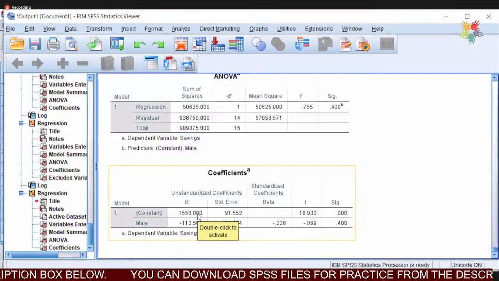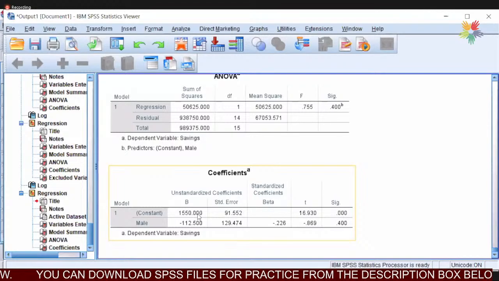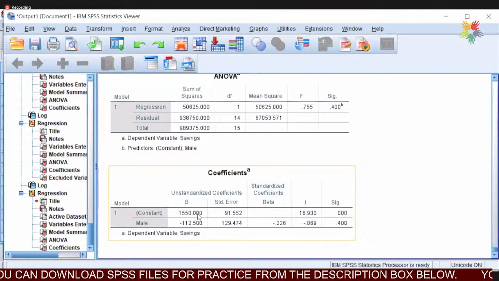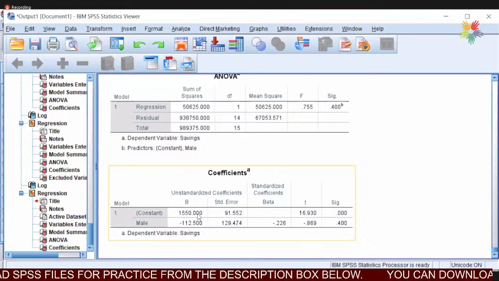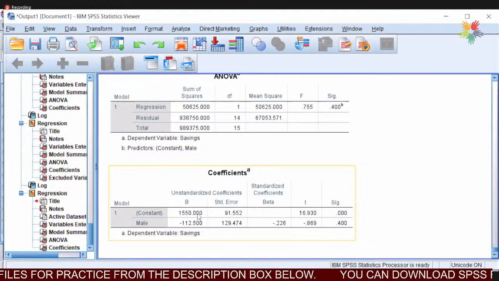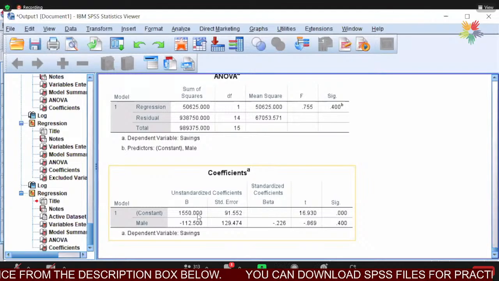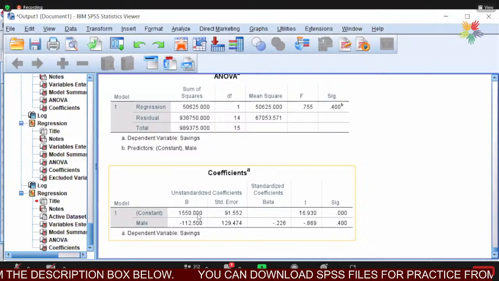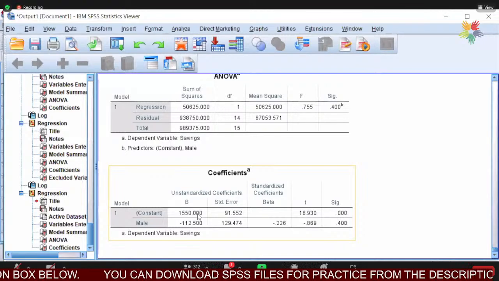Now, when you take a male dummy, for male I have put 1, and 0 is the female. Whatever we have put 0, that is called the reference category.